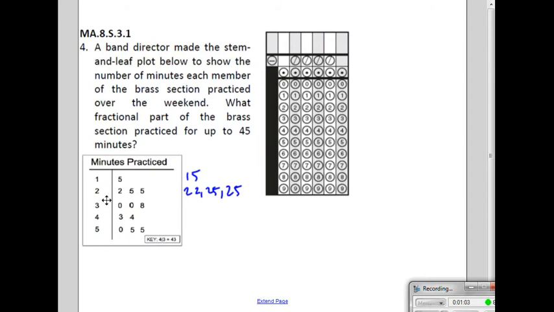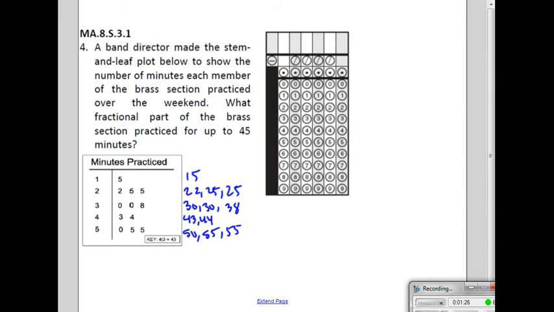3 in the tens place, so this would be 2 30s and 38. 4 in the tens place, so it should be 43 and 44. And 5 in the tens place, so 50, 55, and 55.